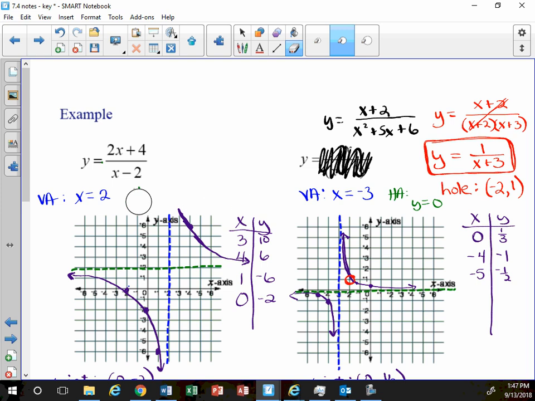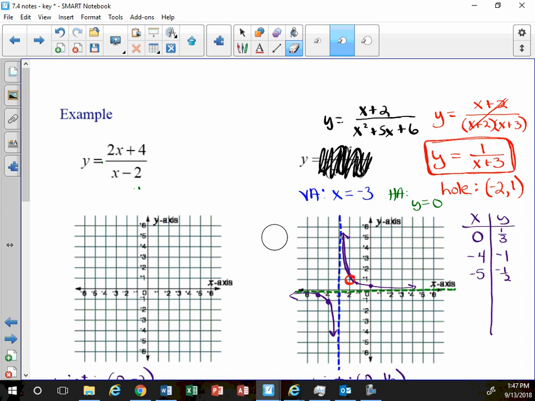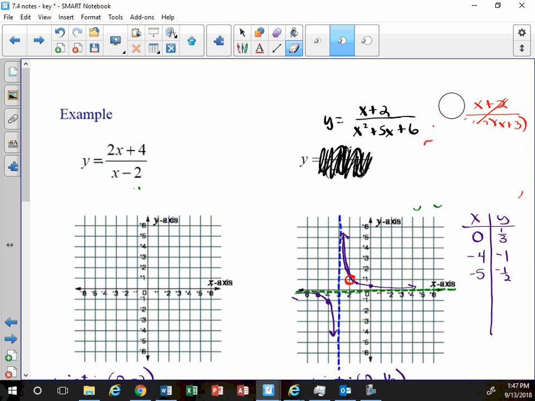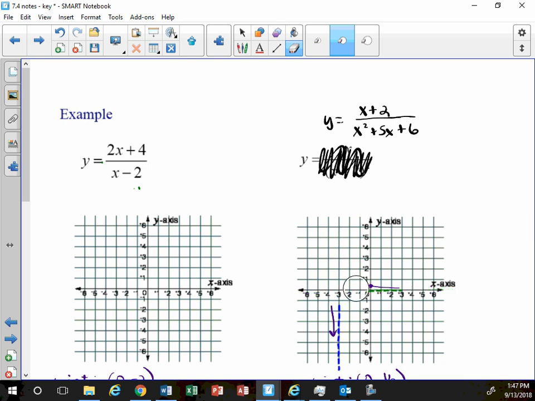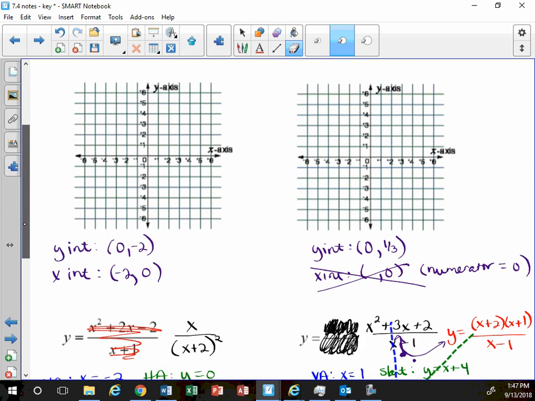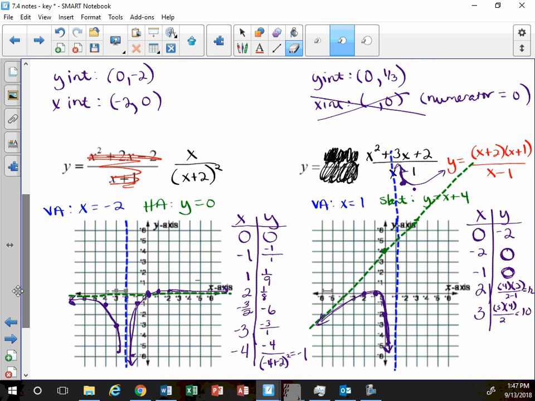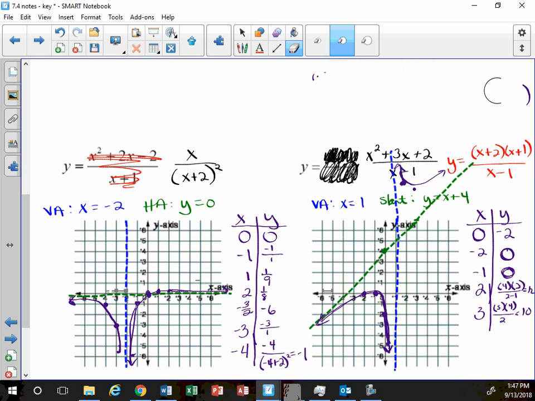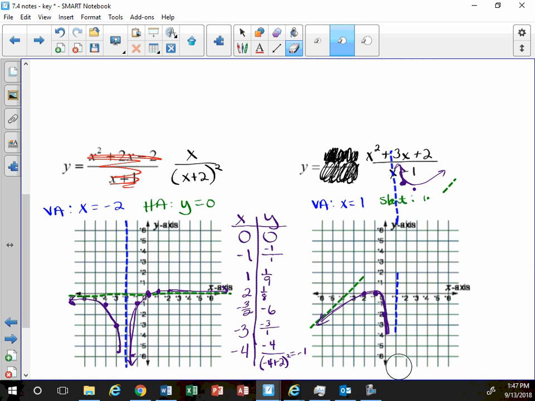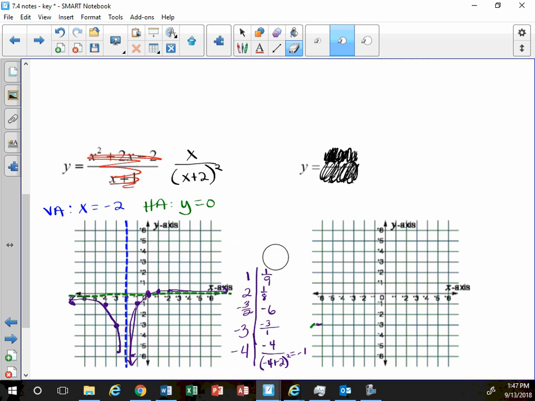I'm cheating here. I'm changing a bunch of things, so let me erase this. It's satisfying, yeah.